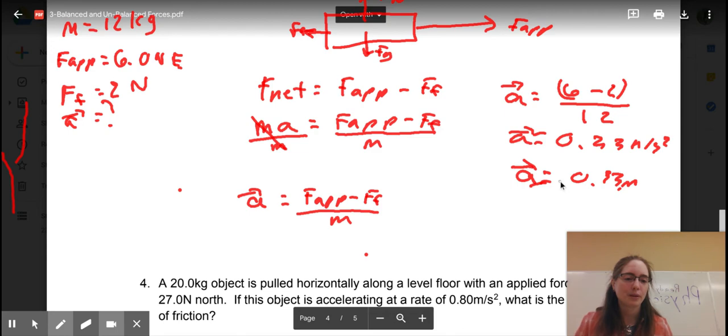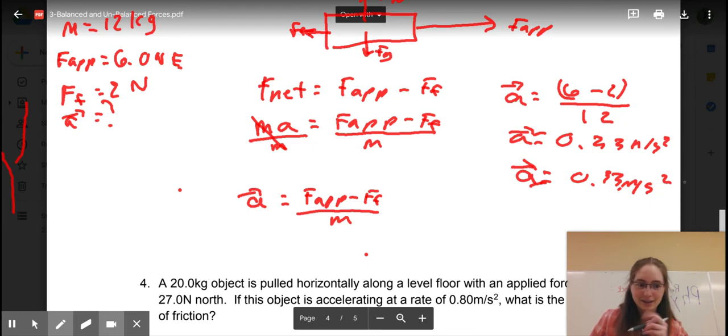Meters per second squared. And my direction is going to be to the east, ladies and gentlemen, to the east, because that's the direction that the car is moving.